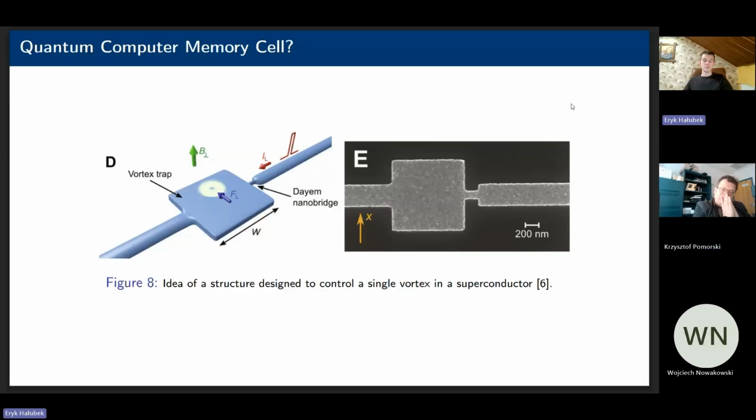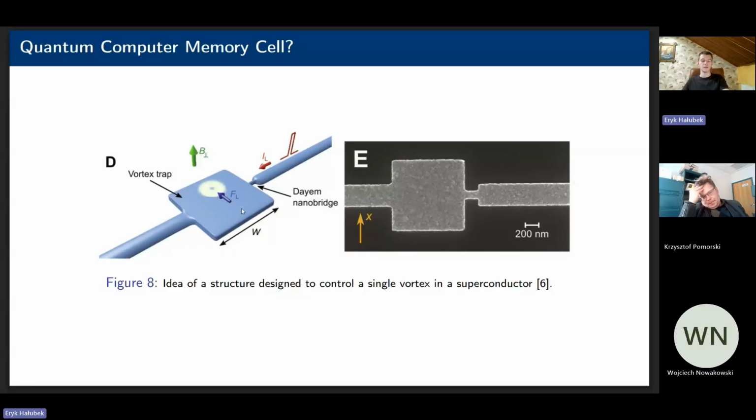Yes. So when the vortex is present in the nanostructure, because it appears by itself at the proper value of a magnetic field applied to the structure, it enters in most cases from some kind of corner, such sharp places, and it just stays there as long as there's no current pulse.